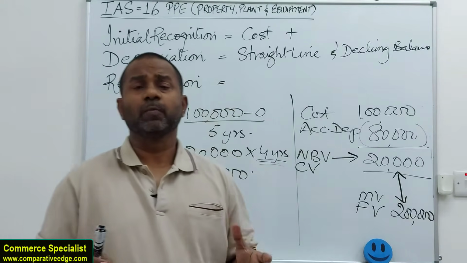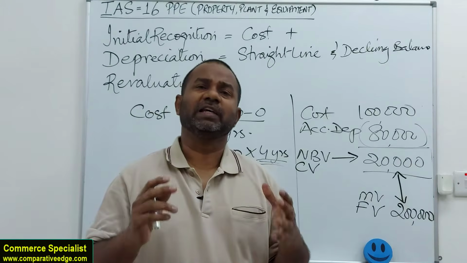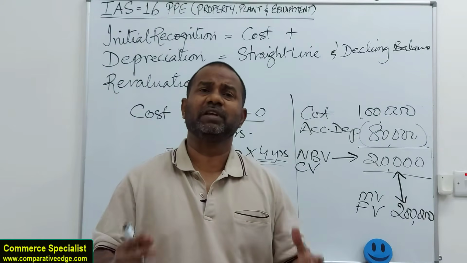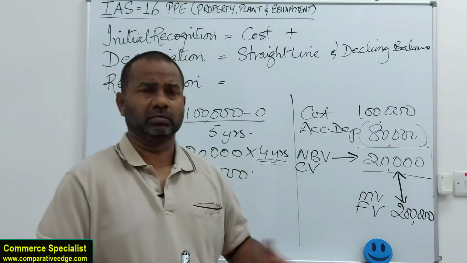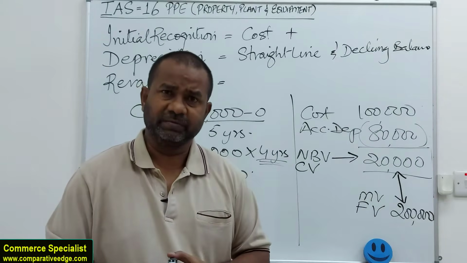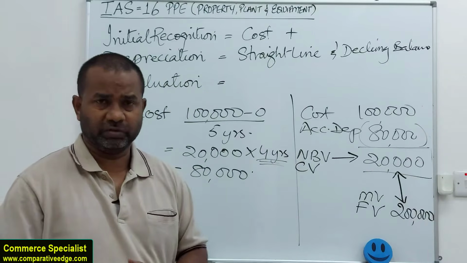Now the question to ask is, how is revaluation done? Revaluation is done by experts, those who have experience and expertise in this particular type of non-current asset. Here we'll talk about real estate agents, real estate companies who have the expertise. They will do the revaluation.